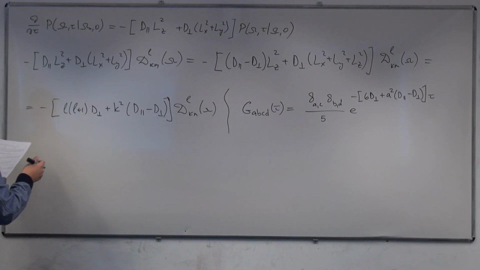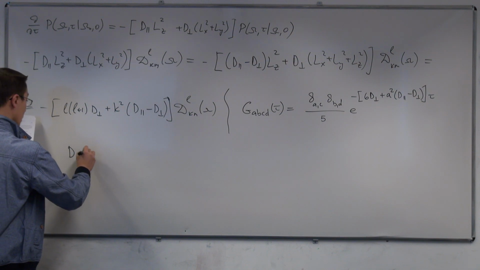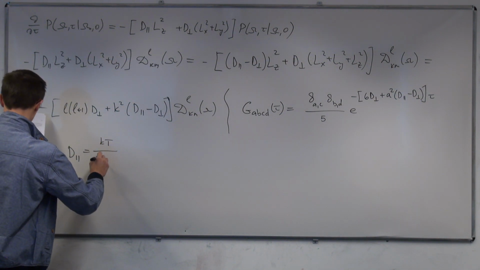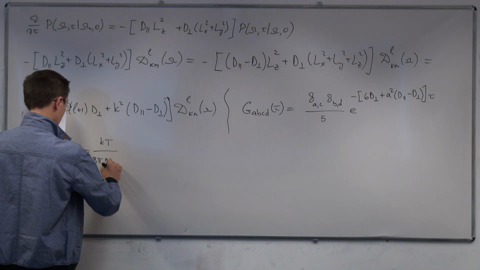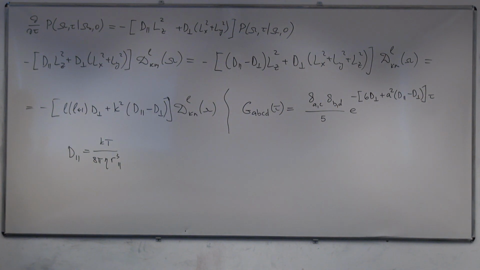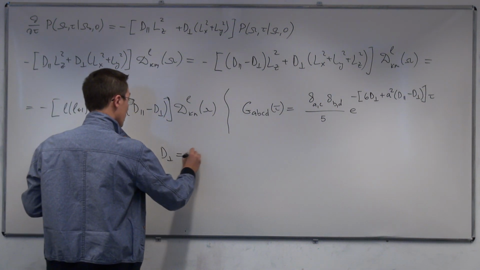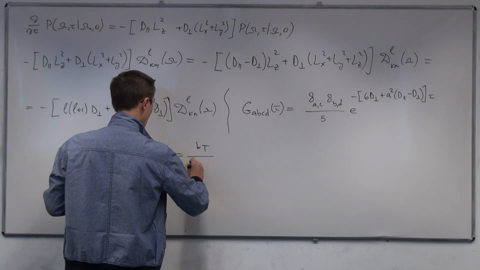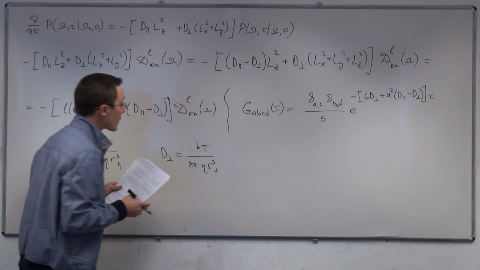And they are just defined in the same sort of way. So D parallel is kT over 8 pi eta r cubed parallel. So the radius around the z-axis, and D perpendicular is similarly defined as kT over 8 pi eta r cubed perpendicular.